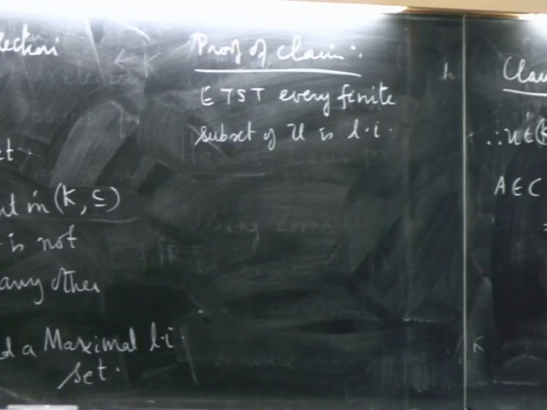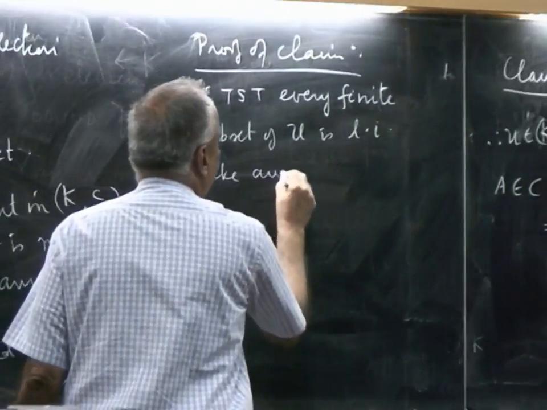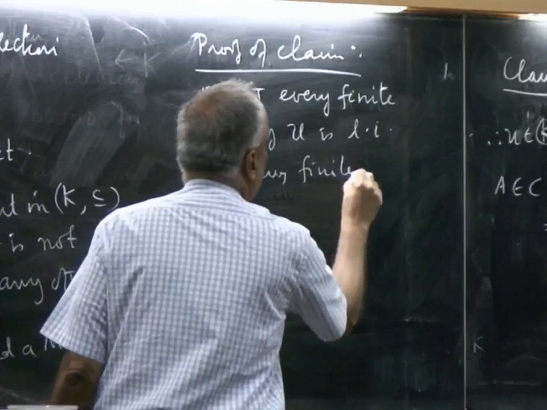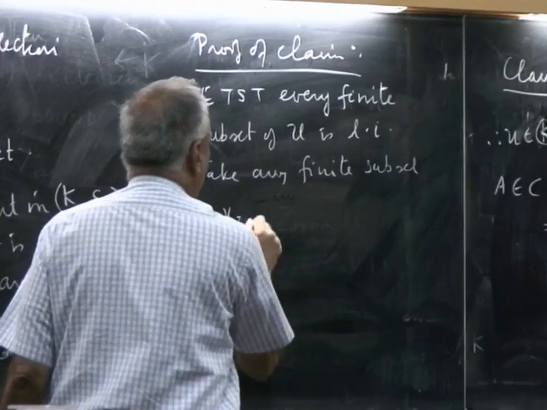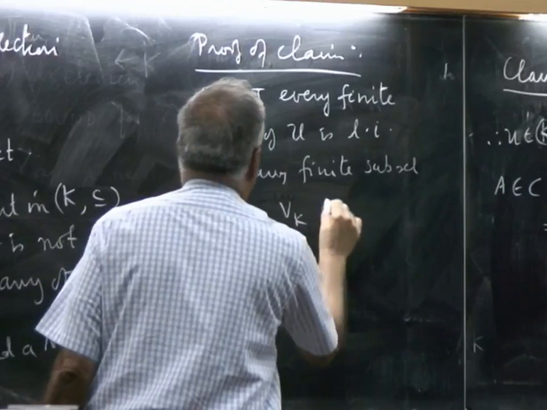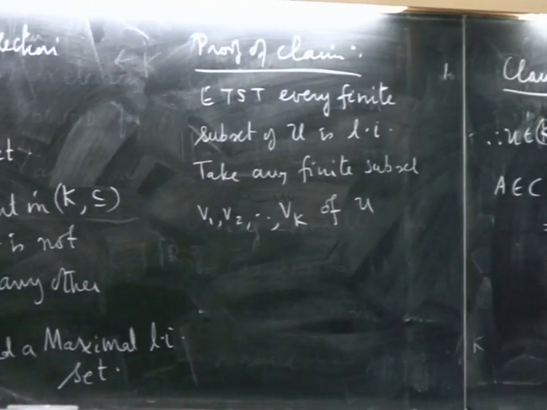Okay, so take any finite subset v1, v2, ..., vk of U. So v1, v2, ..., vk are in U, but U itself is that union.